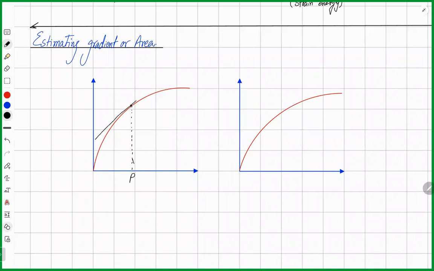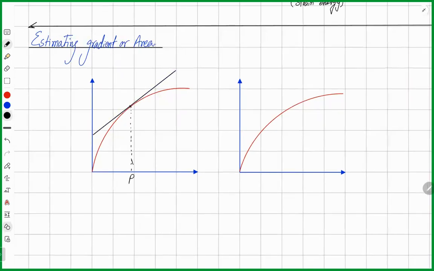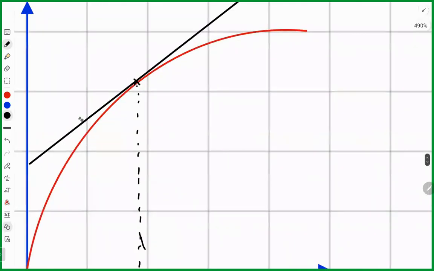Draw a tangent. Make sure you make the tangent right. So this is the tangent. It is a line that touches the curve at only one point.